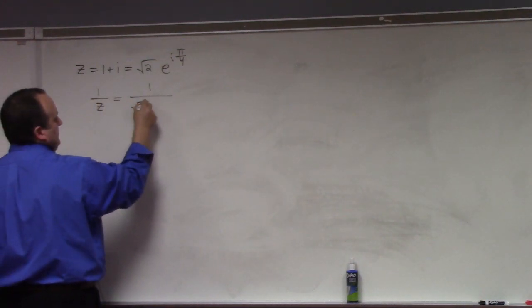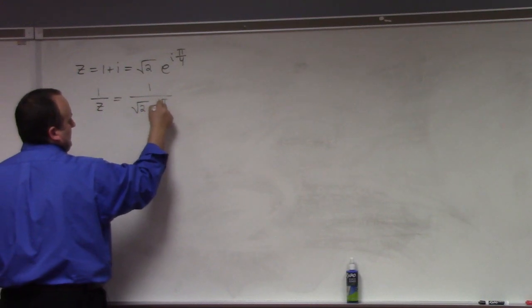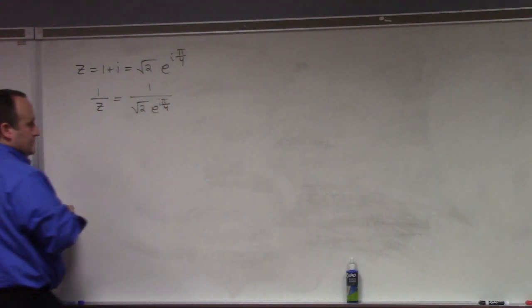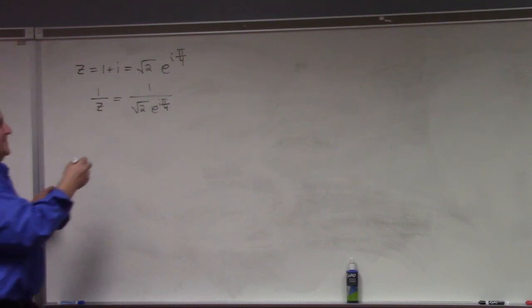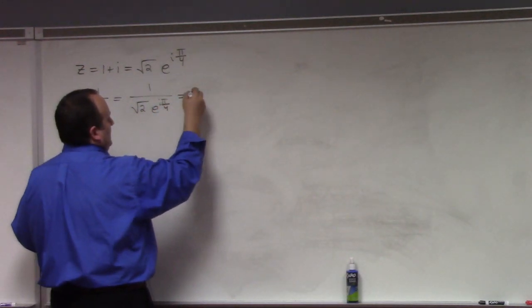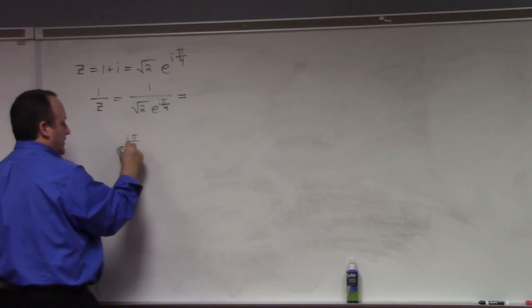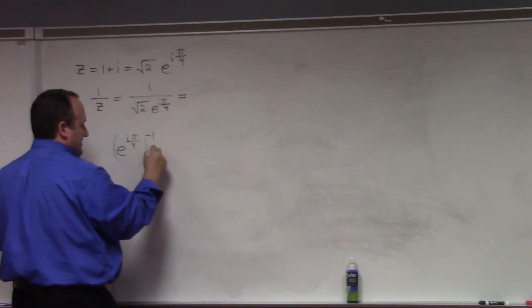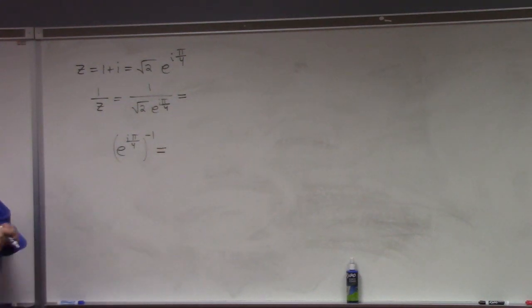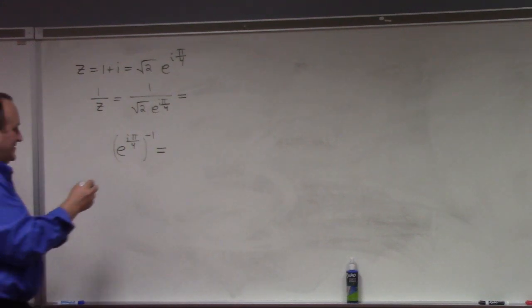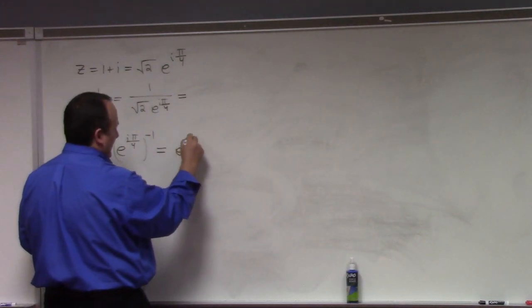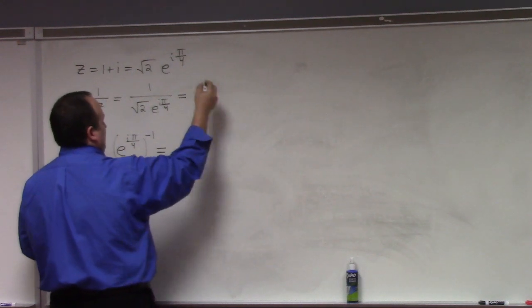It's 1 over square root of 2, e to the i pi over 4. Admittedly, you're just arguing by notation, fair enough. You got me. But we can prove a theorem which says that the inverse of e to the i pi over 4 is equal to what? Negative i. Yeah, e to the negative i pi over 4. And so that's how this goes.